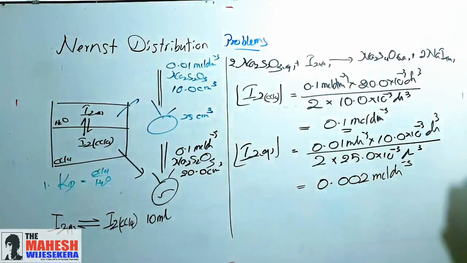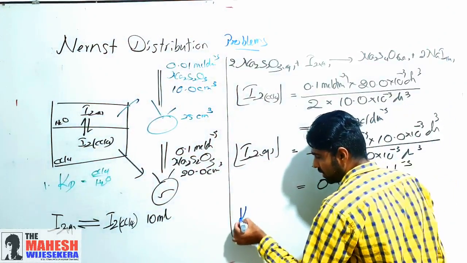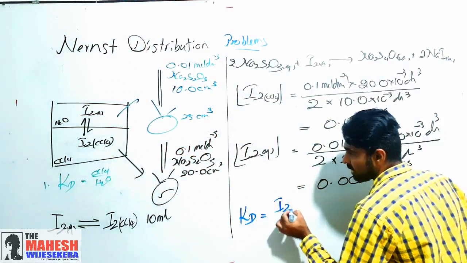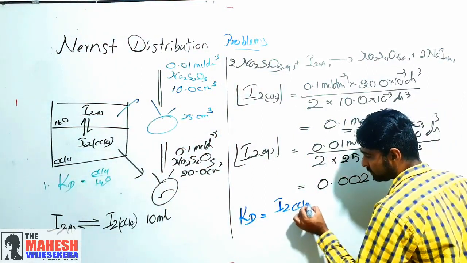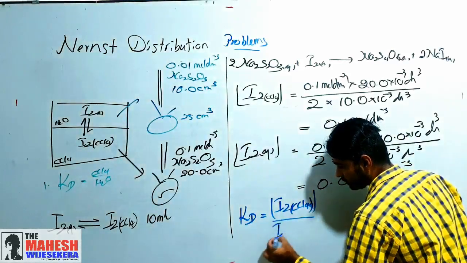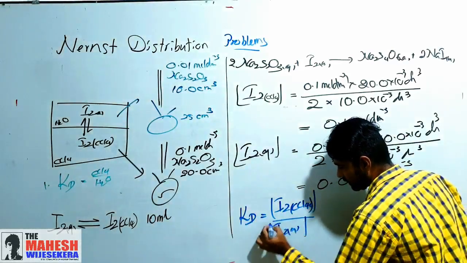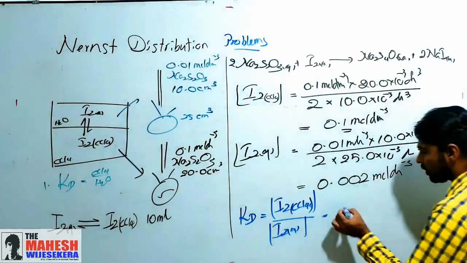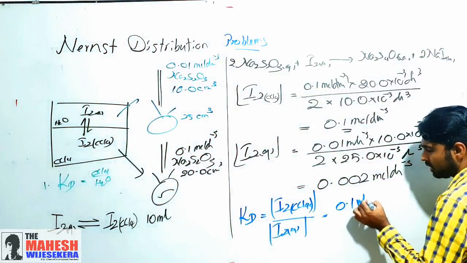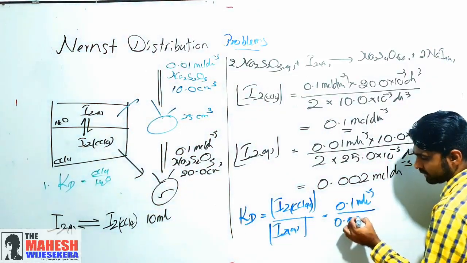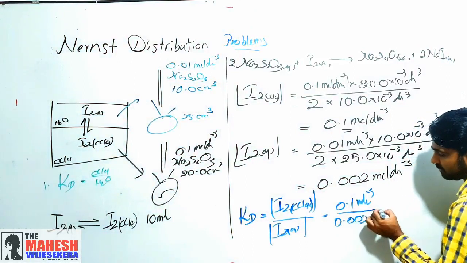And they are asking the distribution coefficient of iodine between CCl4 and water. So the amount in CCl4 is 0.1 moles per cubic decimeter divided by the water, 0.002 moles per cubic decimeter.